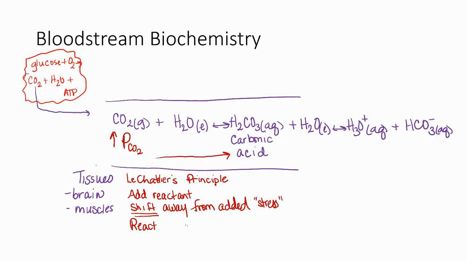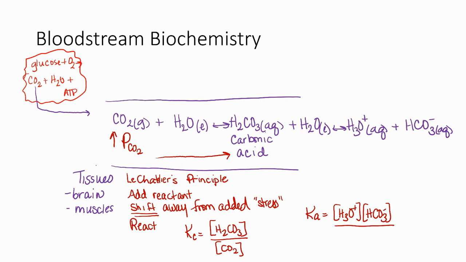So if I write the Kc value for the first reaction, it would be carbonic acid over CO2. And then for the second one, our Ka would equal H3O+ times bicarbonate over carbonic acid. No water liquid, right?